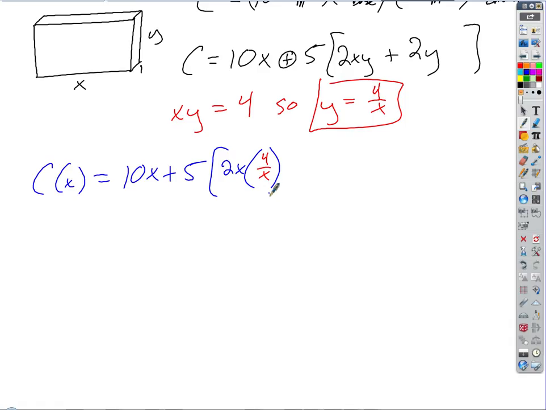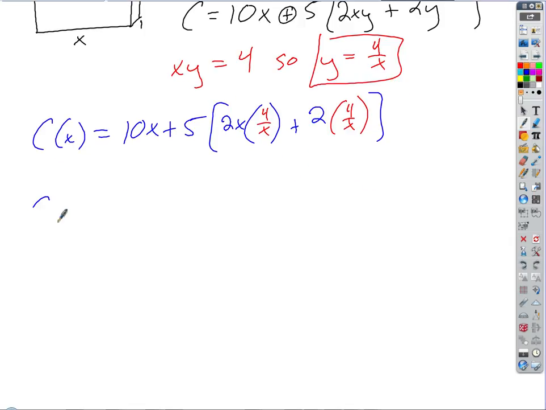Plus 2 times 4 over x. And so that becomes C of x equals 10x plus, those cancel, so plus 8 over x. I don't even really need the parentheses anymore. Oh, I didn't multiply the 5, did I? So that's going to be 40.